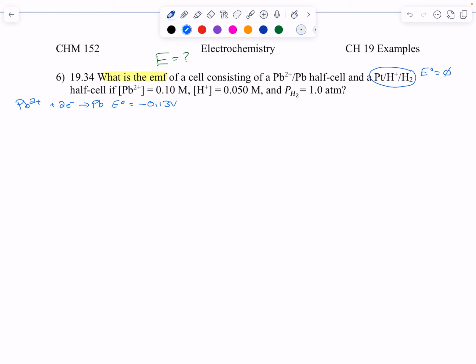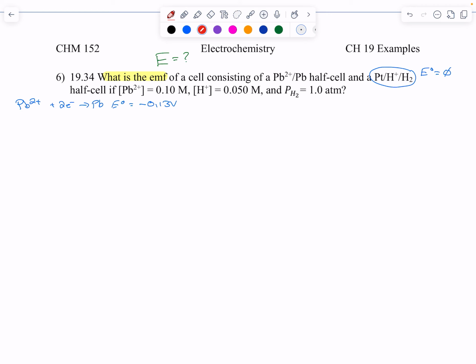All right. So which one is going to be oxidized and which one is going to be reduced? Well, I would assume that lead is going to be oxidized to make this a positive cell potential, if that makes sense.